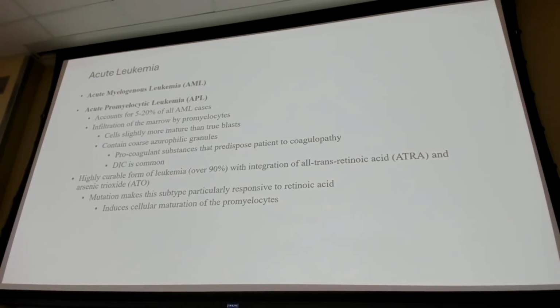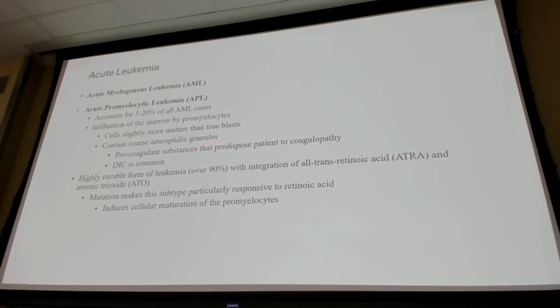So that promyelocyte is a little bit more mature than a blast, but it's still not close to being a fully mature cell. Acute promyelocytic leukemia. So the problem here is the promyelocyte. It's not the true blast. It's the next step in cellular maturation.